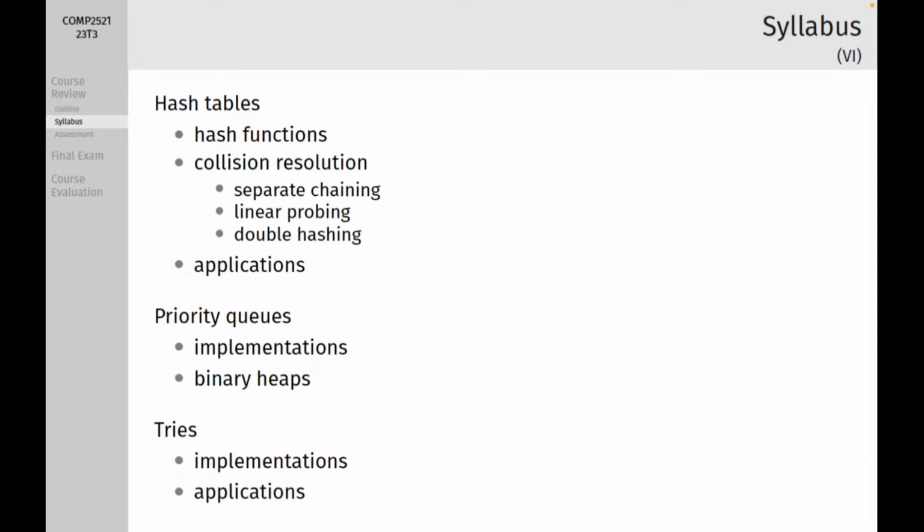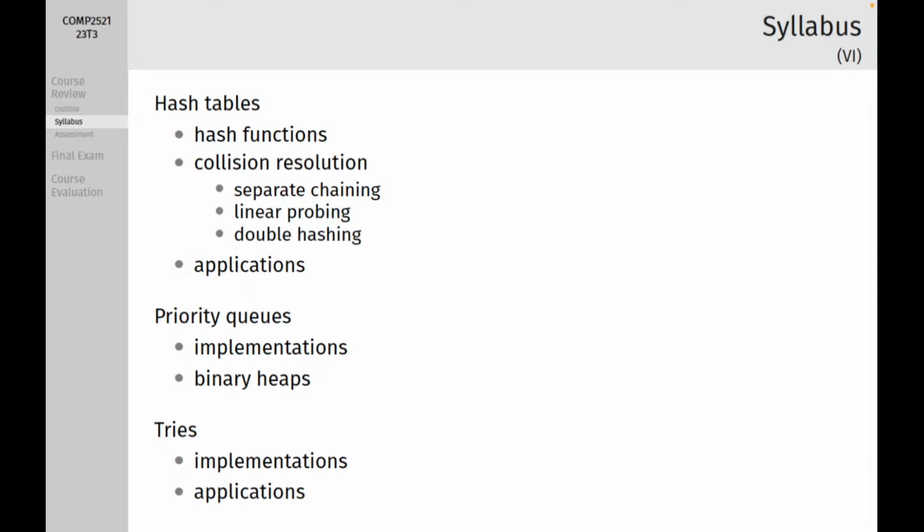And because hash tables are implemented using an array, which is much smaller than the range of possible values or keys, we inevitably end up with collisions, right?